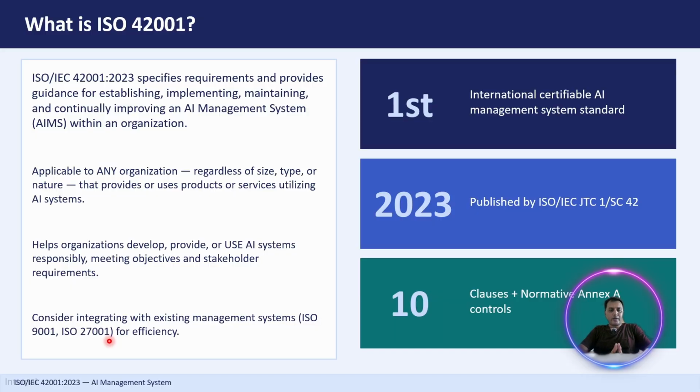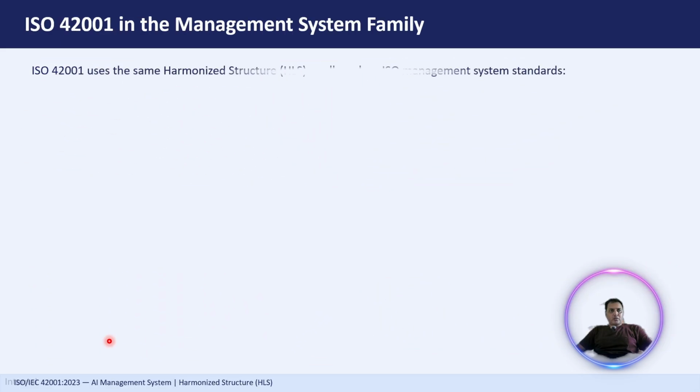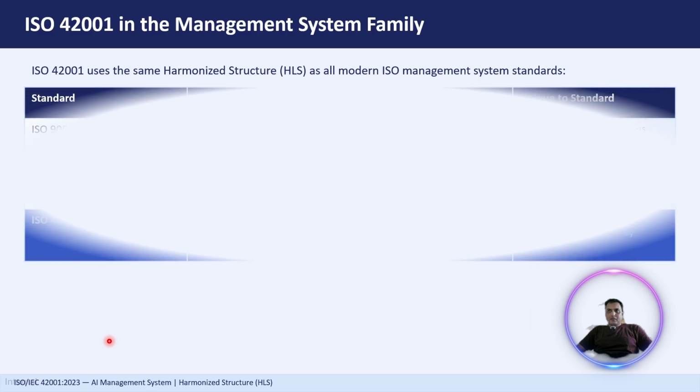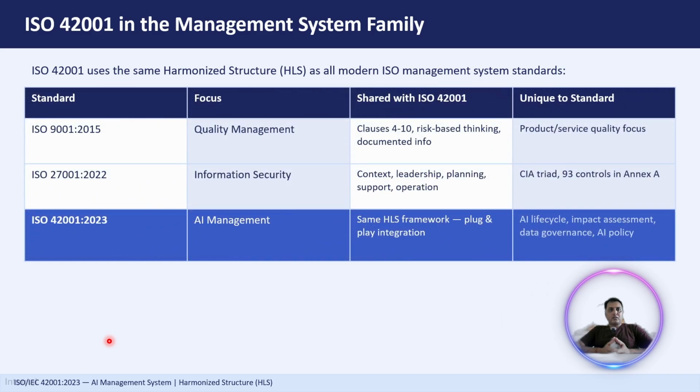If you already have a standard implemented in your organization like 9001 or 27001, then it becomes very easy for you to implement or integrate 42001 in your organization, because most of the requirements or most of the documents can be used as common documents just by modifying or integrating certain requirements of ISO 42001 in the same document. So ISO 42001 in the management system family uses the same structure like other standards in the family.